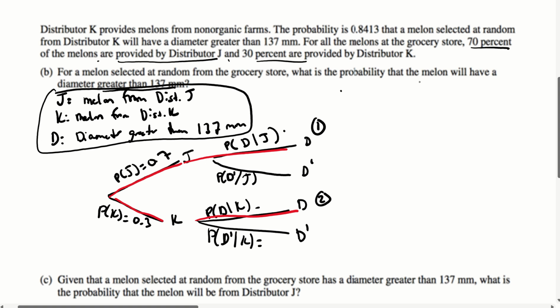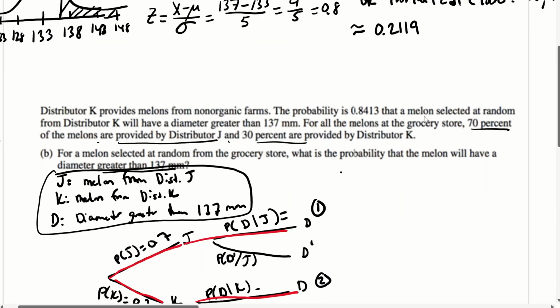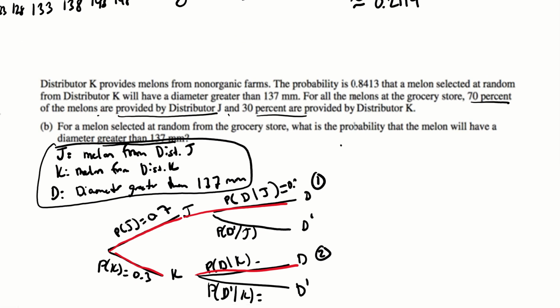And let's label these while we're at it. So the probability that its diameter is greater than, given J, well, we just calculated that, 0.2119, right? So we're going to use that here. So this is 0.2119, and if that's 0.2119, this is 1 minus that.